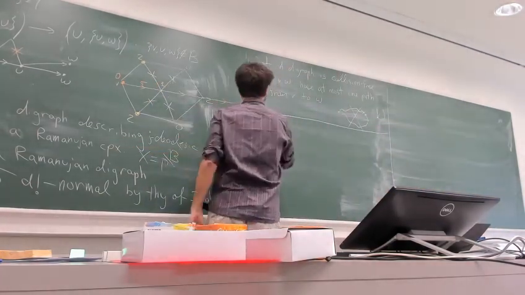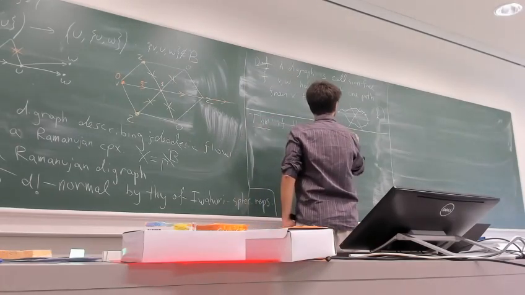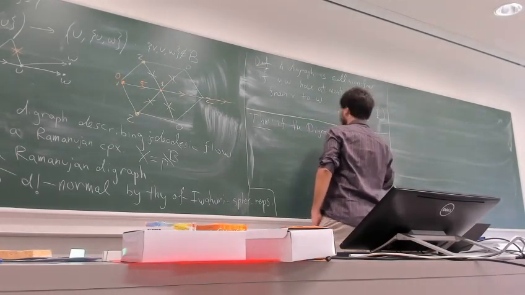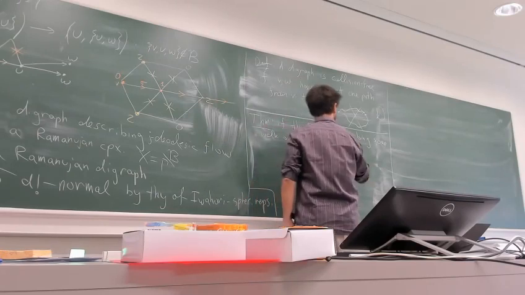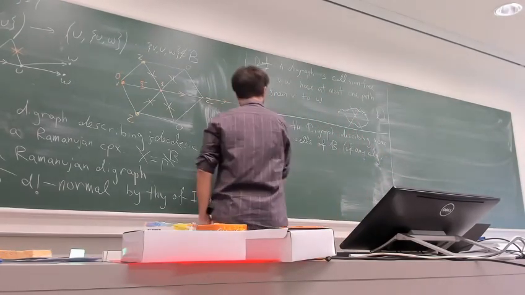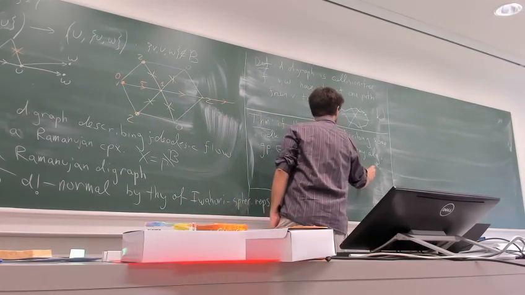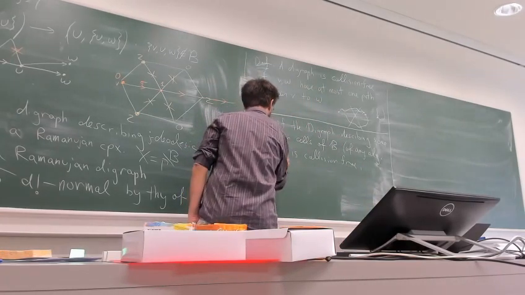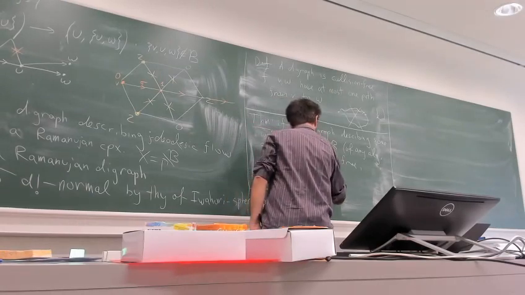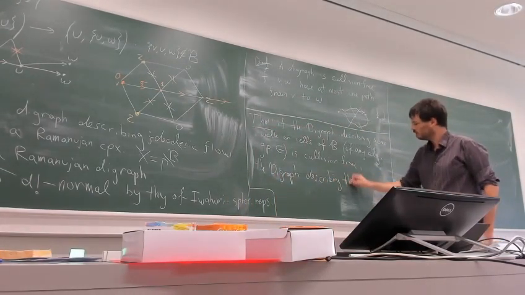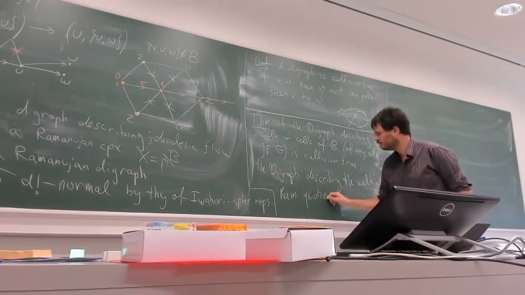And here is the more general theorem. If the digraph describing some walk on some cells of a building of any algebraic group G is collision free, the digraph which describes this walk on Ramanujan quotients is a Ramanujan digraph.